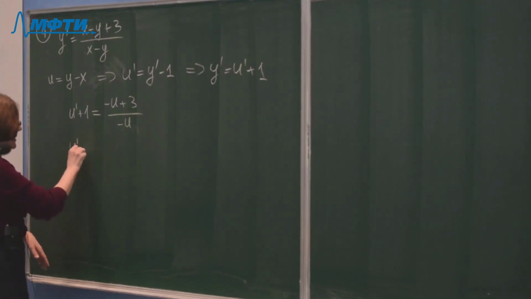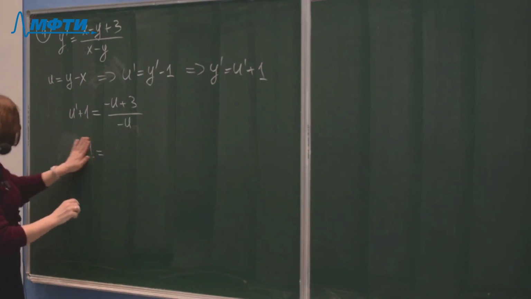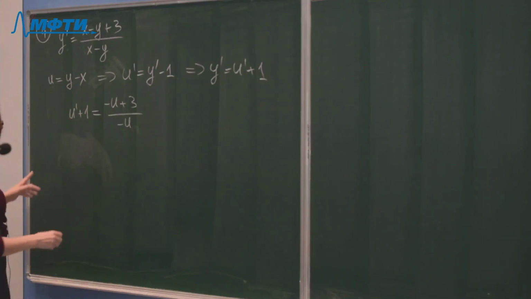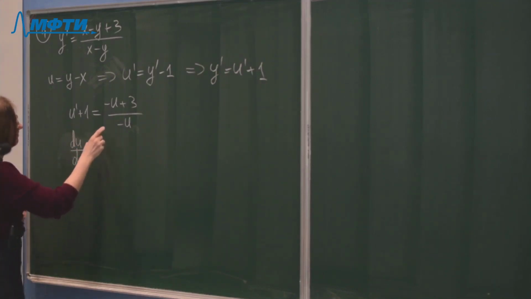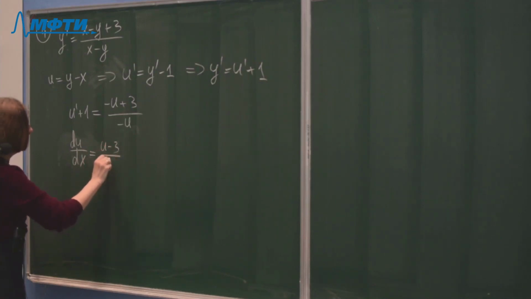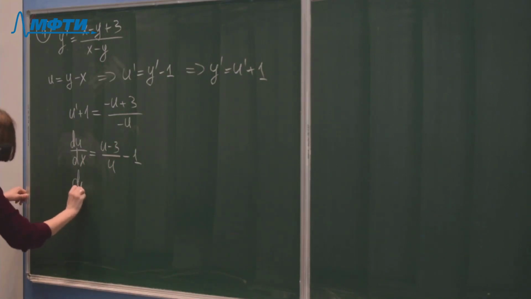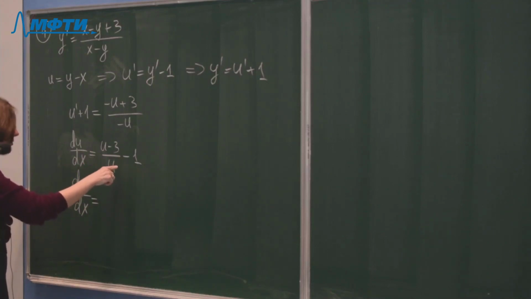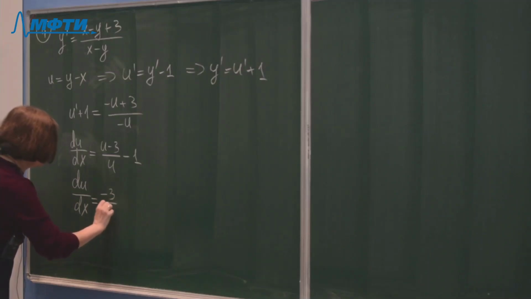And this can be simplified and written in the form. So I don't want to simplify. Now I claim that it is a separable differential equation. Because we can rewrite it in the form du over dx equals (u minus 3) over u minus 1, du over dx equals, so just subtract, it will be minus 3 over u.